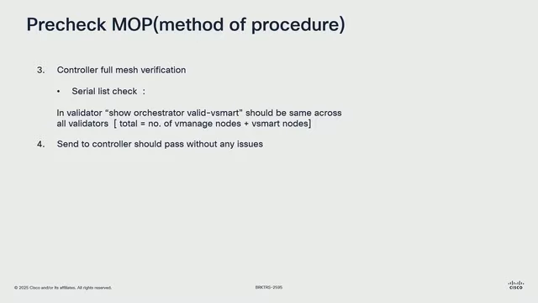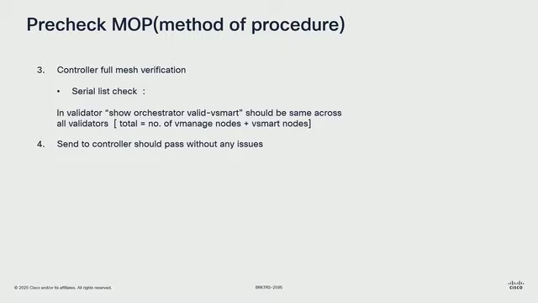The most important one that we figured out where customers were getting stuck is the serial list check, the full mesh check. Now, in the serial list check, if you run the command show orchestrator valid vsmart in the validators itself, it will tell you what are the active number of SD-WAN Managers and controllers. Let's say I have a 6-node cluster, so I have 6 SD-WAN Managers.